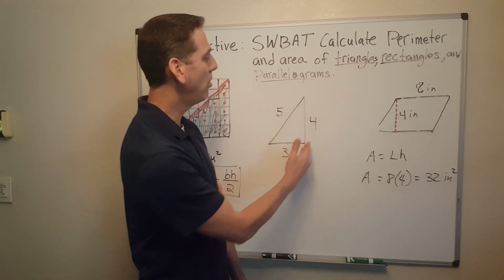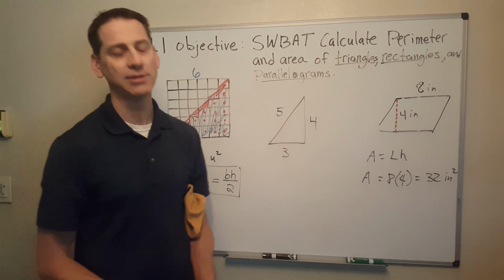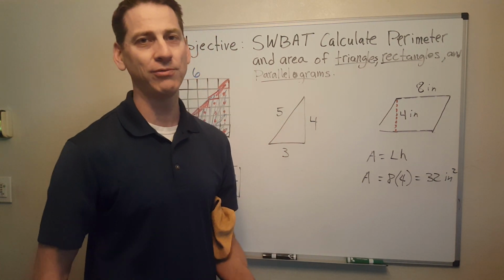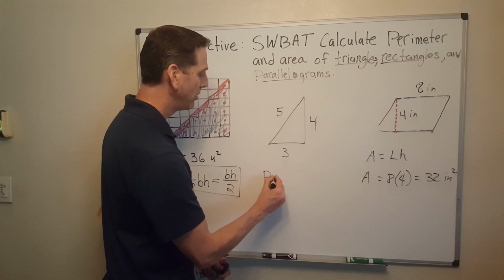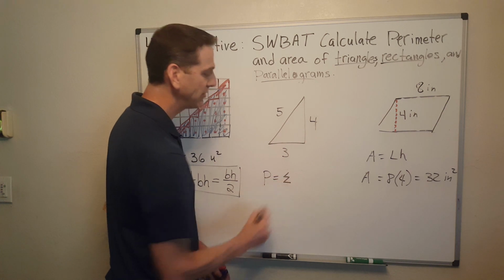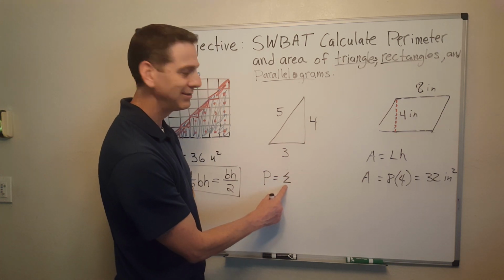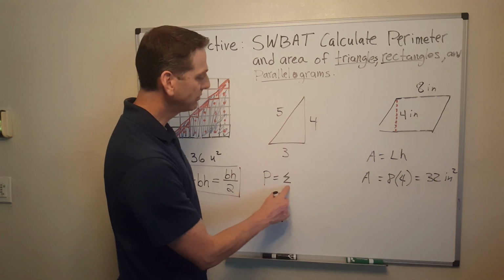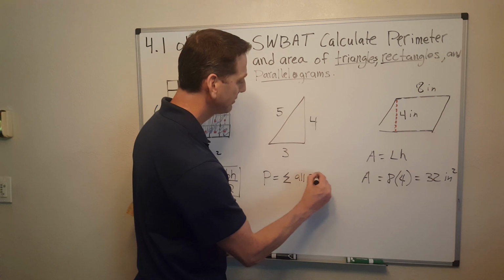In this case, all 3 sides of the triangle are different lengths. So we can't make a fancy formula for this. So we simply add them up. So the perimeter just equals the sum, that's just a Greek capital S, sigma. Perimeter equals the sum of all sides.